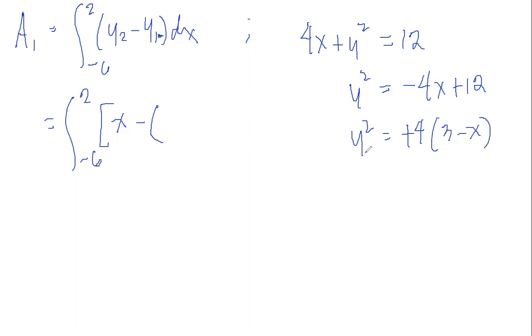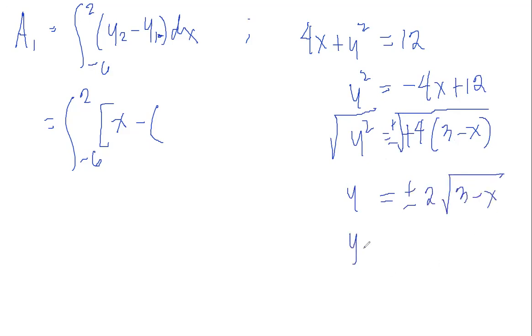And let's take the square root on both sides. Since we took the square root on both sides, don't forget the plus or minus. So y is equal to positive or negative, what's the square root of 4? That's 2, times the radical of 3 minus x.